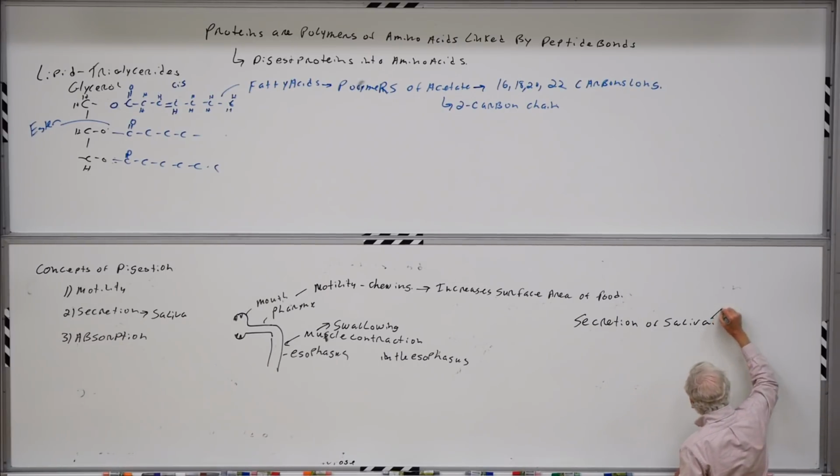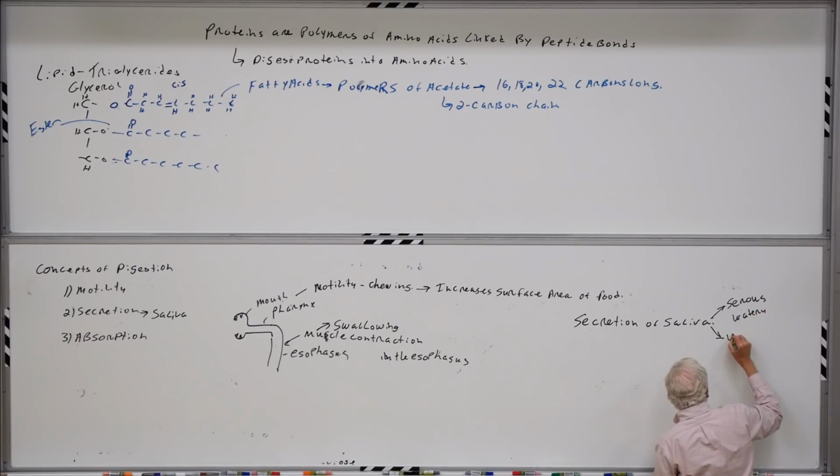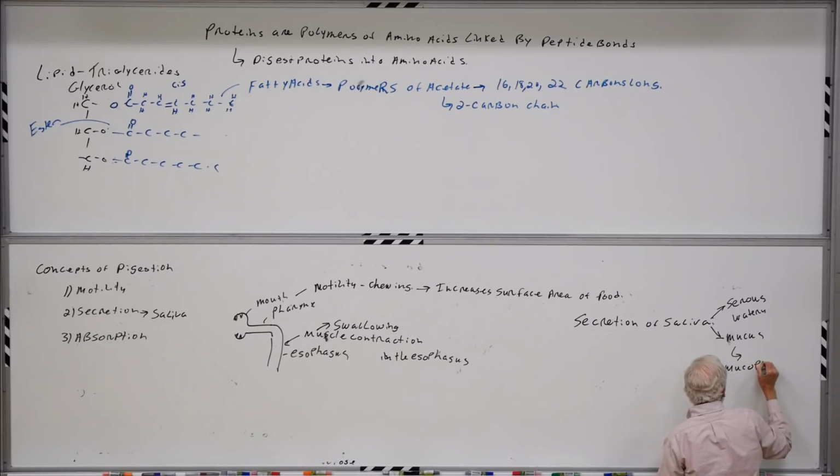Now, when we secrete saliva, it basically comes in two forms. It's called serous, and this is watery. And then there's a mucus form. And these contain mucopolysaccharides.